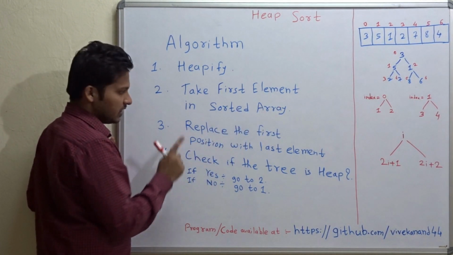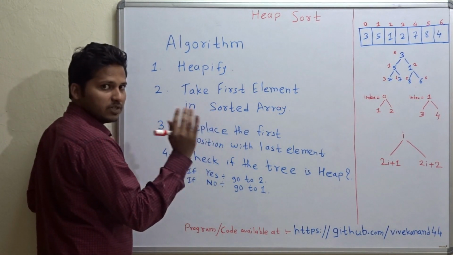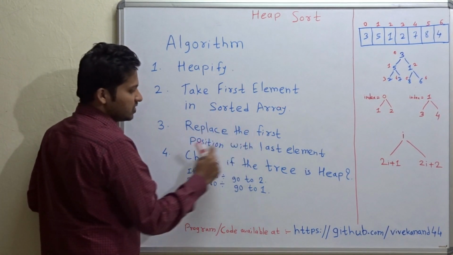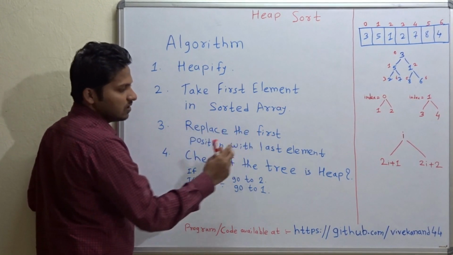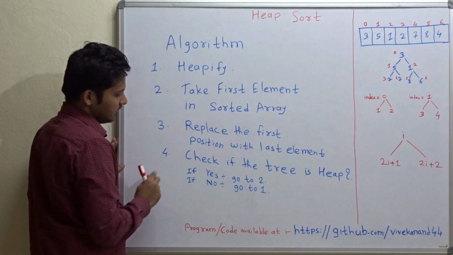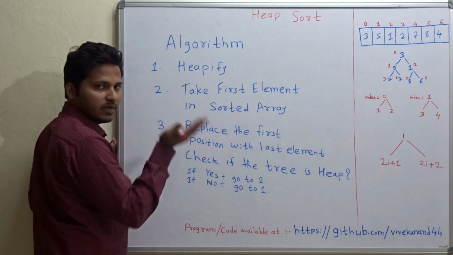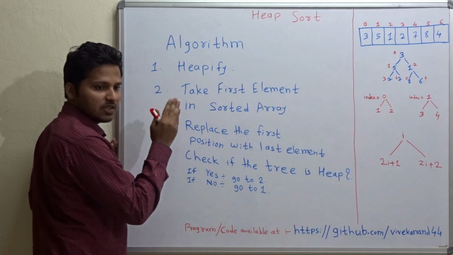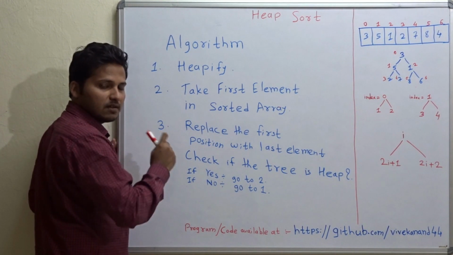Then what we do, we replace the first position. As we have removed the element from that position, the first position is empty. So we replace the first position with the last element. Then after moving the last element to the top, that is the first element, we check now whether this remains a heap or not.